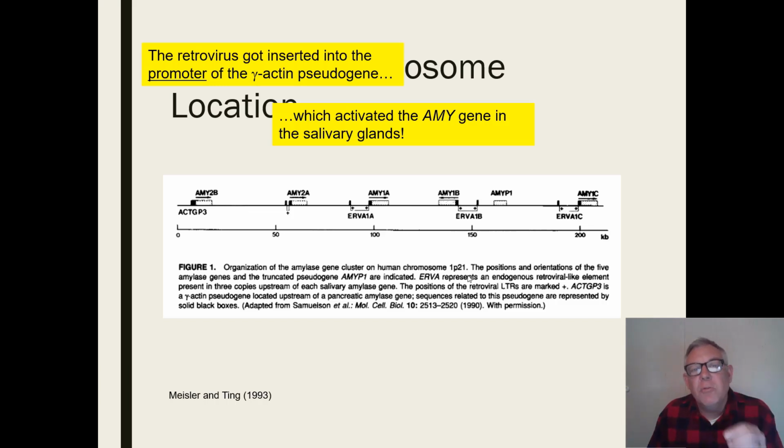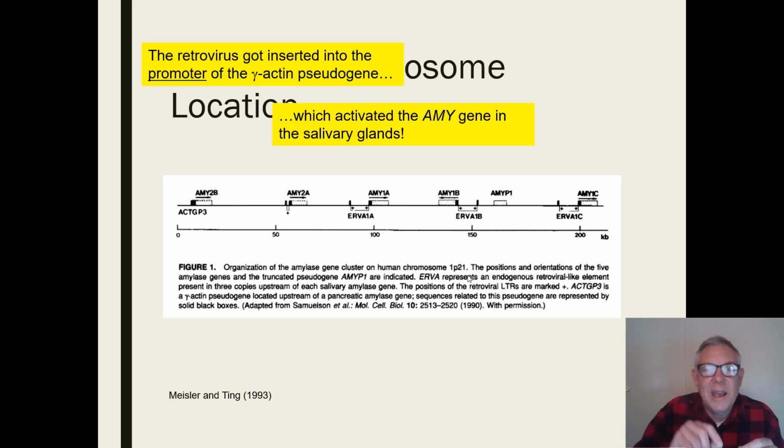But this retrovirus got inserted in such a way that it actually activated that promoter. Now the promoter works, but it doesn't promote the actin gene because it's a pseudogene. It probably doesn't have enough base pairs to make a functioning gene. But it's stuck right in front of these copies of this amylase gene.